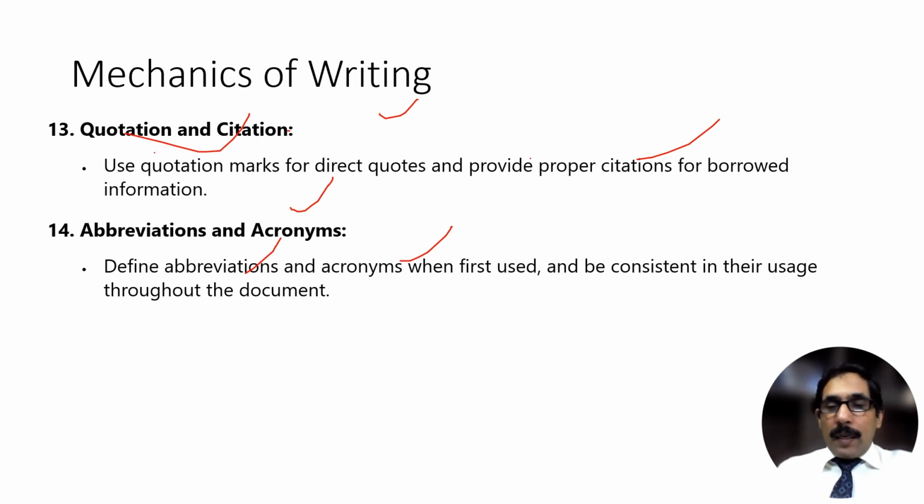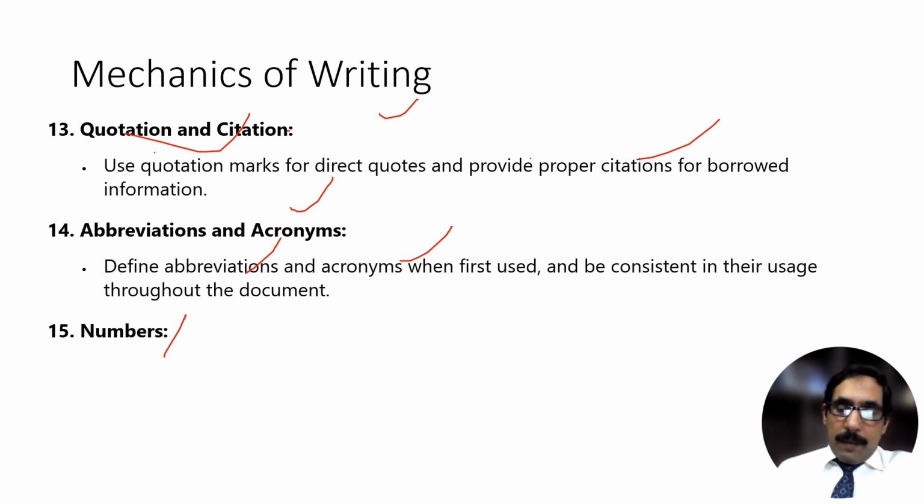If we write the full name, then WASA in brackets, then we would continue with WASA. So use the complete name in the beginning and then use the abbreviation or acronym throughout the document. If you are using the complete name, use it in the complete document. Don't mix complete name and abbreviation. This should not be done.